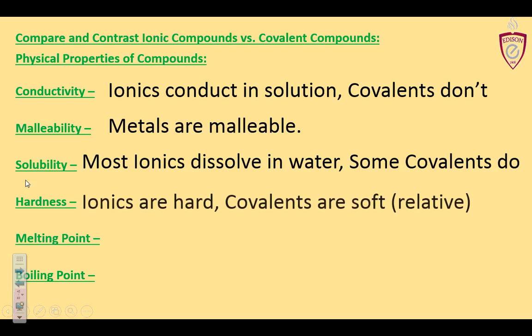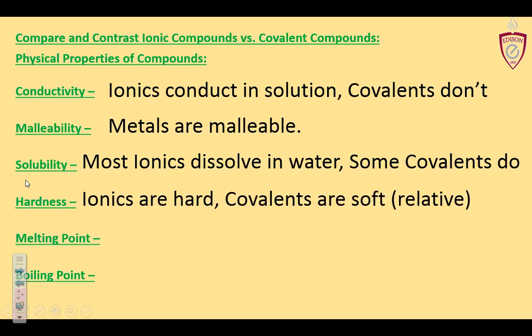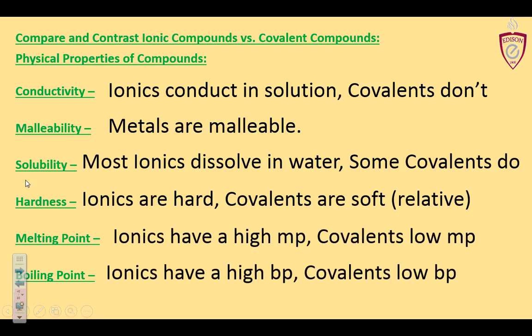This year. Hardness. Ionics are hard relative to covalents. Comparing one to the other, ionics are hard and covalents are soft, even though covalents are not as soft as my pillow. And ionics have high melting and boiling points. Covalents are low. These 3 properties, hardness, melting, and boiling point, are all related to the strength of the forces between the ions versus the forces between the molecules.